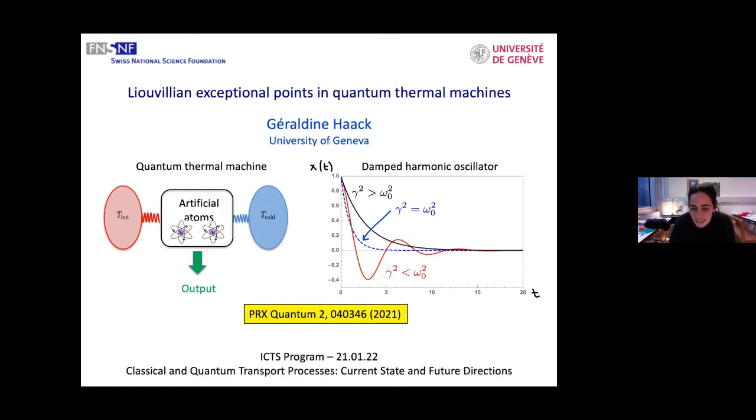So this program is about classical and quantum transport processes. And as you will see, my talk is more about quantum transport and quantum dynamics, but we managed to do some nice analogies with classical systems and classical dynamics. In particular, you see this graph on this first slide showing some physics that you know very well about the damped harmonic oscillator.